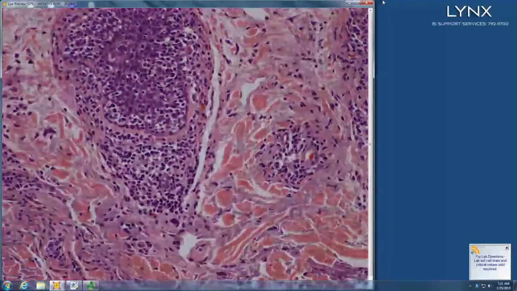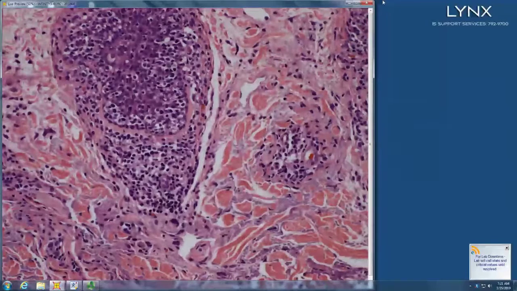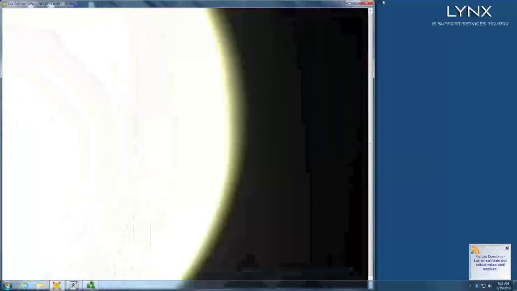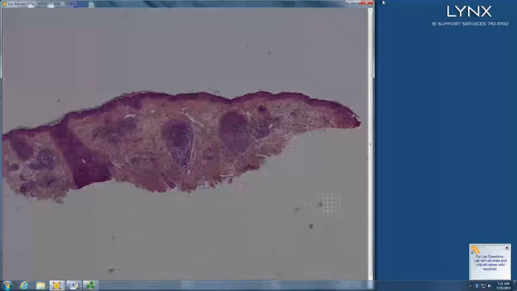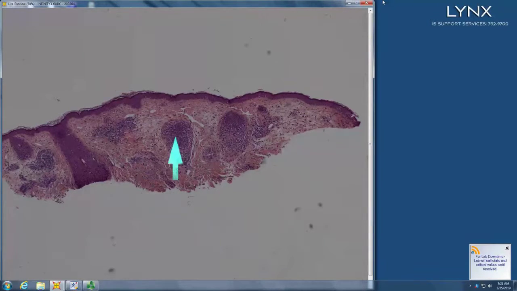So from low power, it was like the... I can't think of the name, but it's lymphoma. Like a lymphadenoma? Right, it's the ones that have the clear cells in the middle. Do you think it's lymphadenoma, or do you think those are actually follicles?